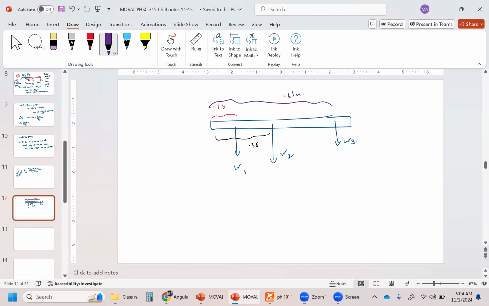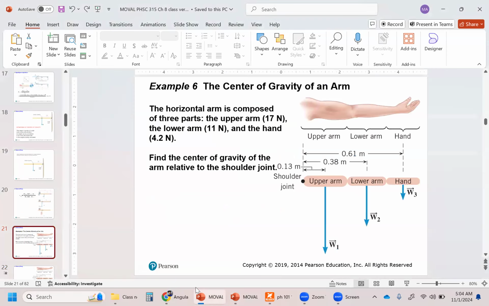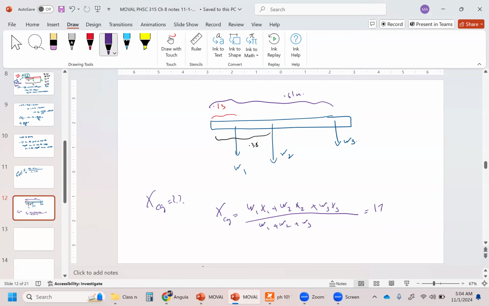Now we need to calculate the center of gravity. In this case, it's going to equal your W1 x1 plus your W2 x2 plus your W3 x3, divided by your first weight, second weight, third weight. So W1 equals 17 newtons, W2 is 11 newtons, and W3 is 4.2 newtons.